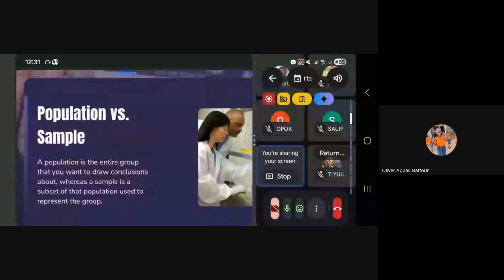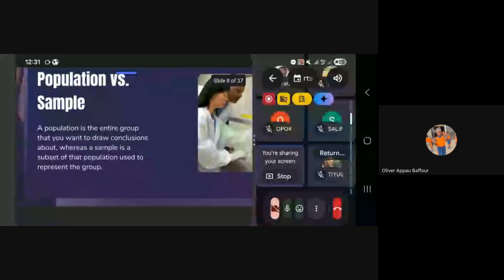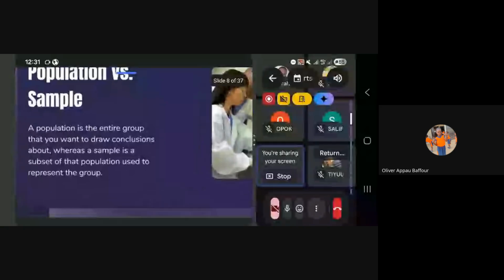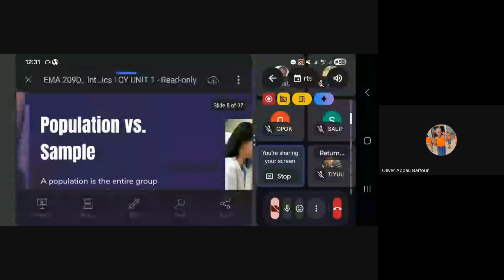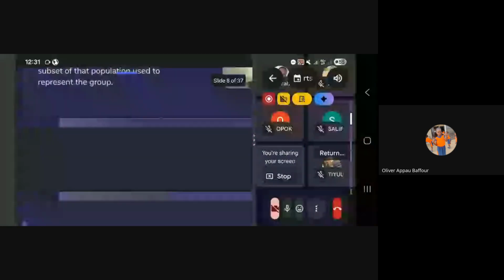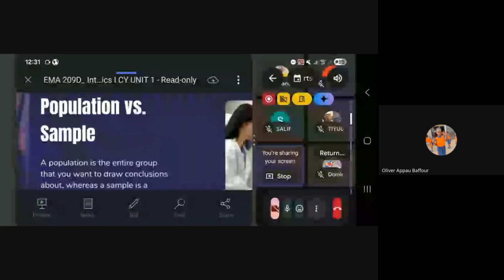We've also made mention of inferential. We've known about discrete and continuous variables, because as we move on, these are some of the terms you'll be hearing, and we'll be using some of them in our calculations. So it's better we get to know them so that as we move on, it becomes easier for us. Statistics comes with a lot of terminologies. If you're able to understand the terms, you wouldn't have any issue with stats.